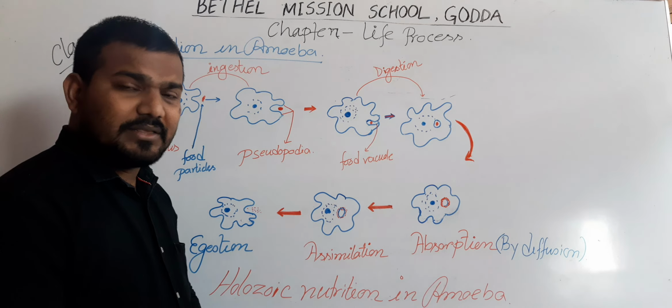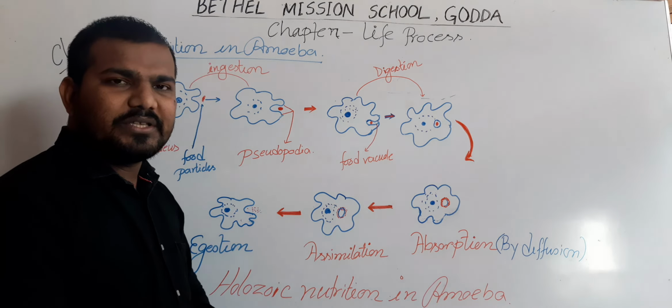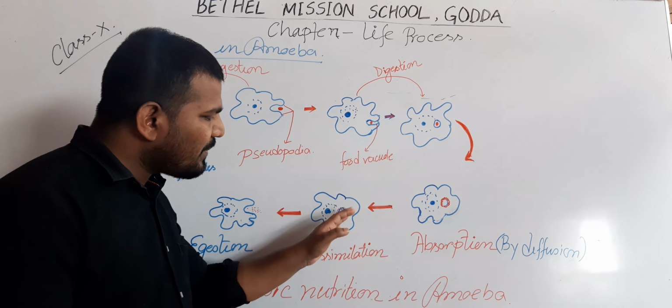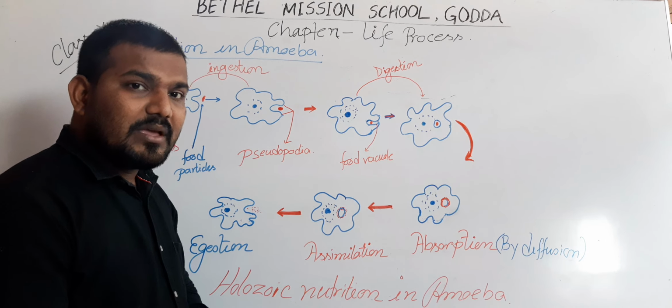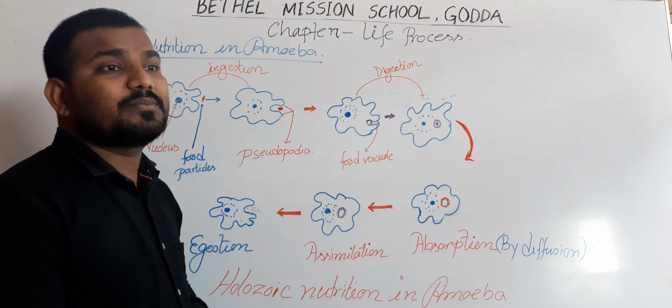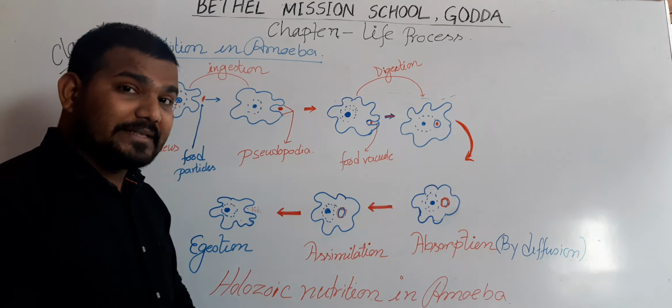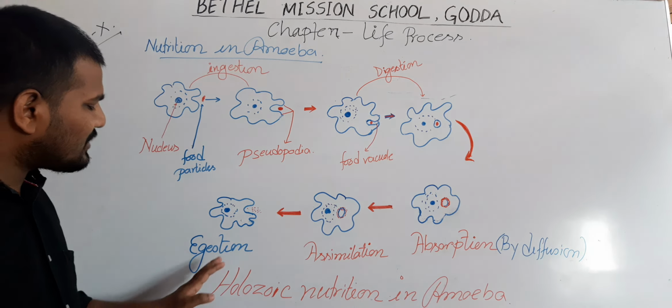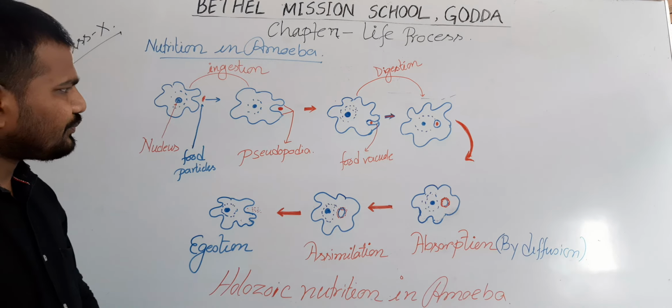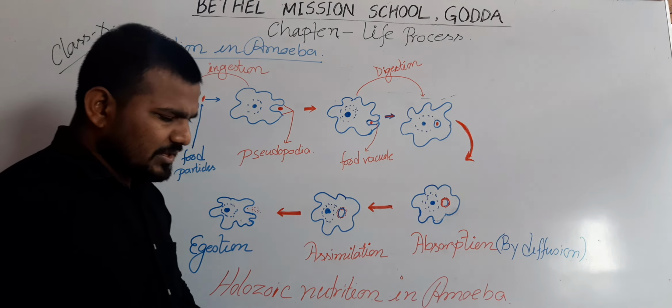The process by which this absorbed food is mixed with the cell cytoplasm is known as assimilation. After assimilation, the food particles are able to produce energy, and the removal of undigested food is known as egestion. These are the phases of holozoic nutrition.